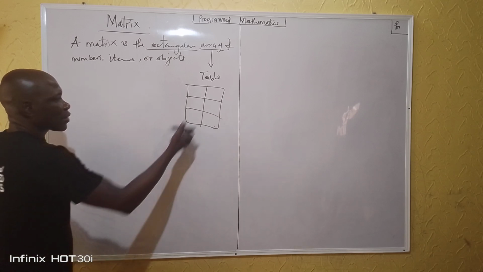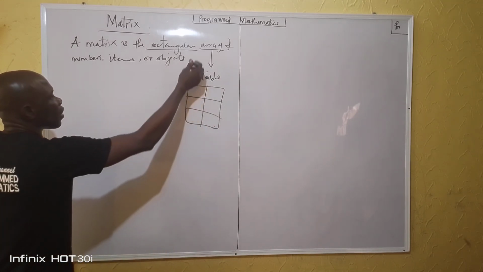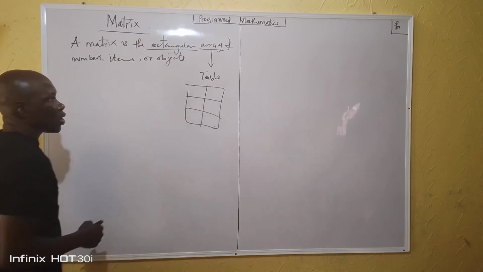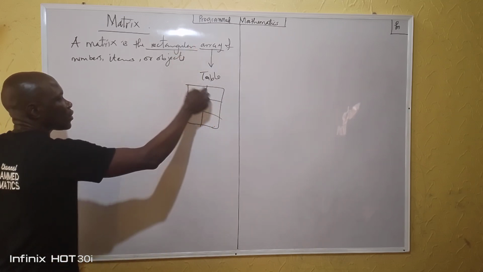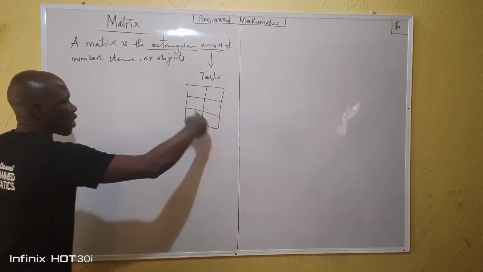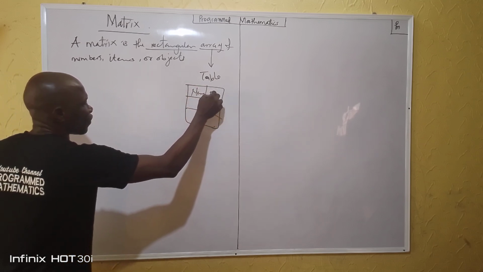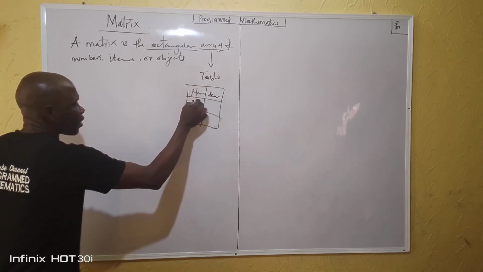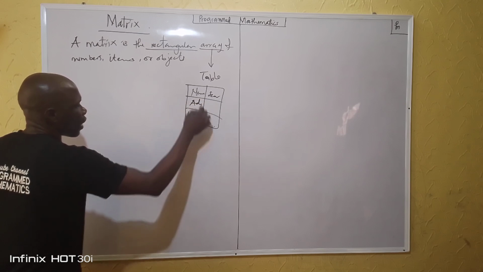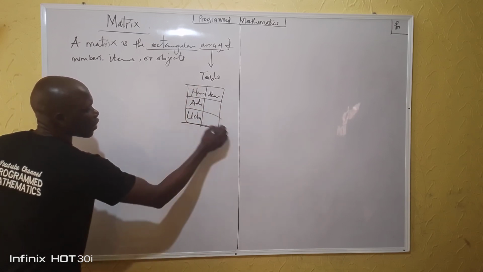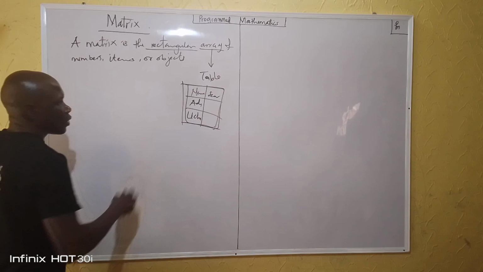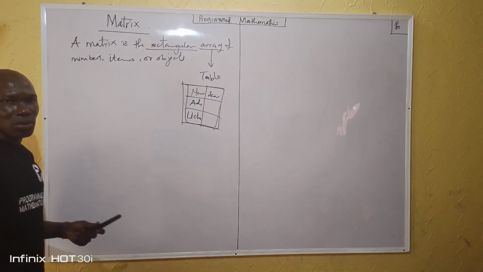Now in this case, we can think about an array as just what? A table. Now, being rectangular is just talking about the form of appearance of the table. For instance, here we have the names of the students and we have their scores. If I have Ade here, if I have Uche here, I can continue to have that. So if you look at the form of appearance of this, it's more of a rectangle.